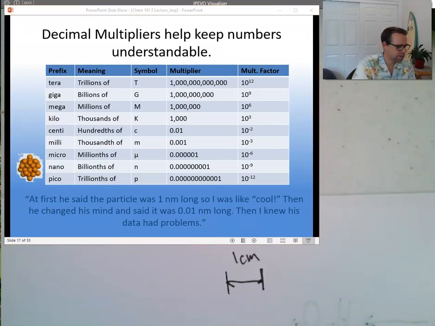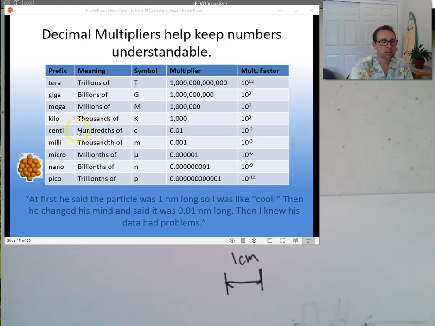That's right. Centa, the prefix centa, is like century, or a cent. How many cents are there in a dollar? That's right. There's 100 cents in a dollar. So the prefix cent means hundreds or hundredths.